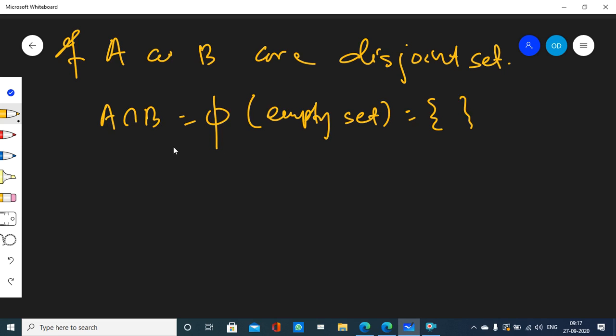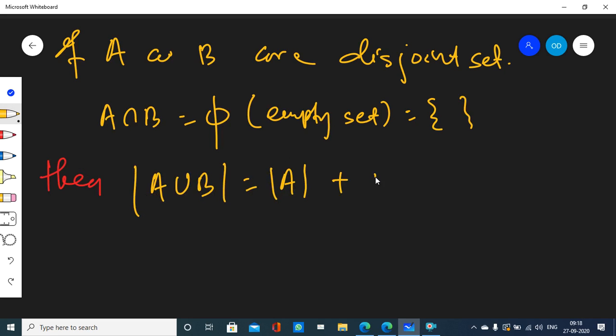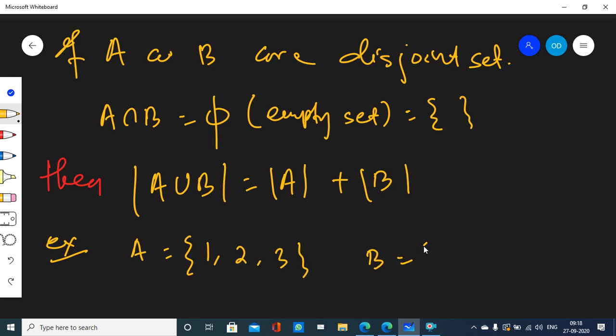If A intersection B is phi, only then cardinality of A union B is equal to cardinality of A plus cardinality of B. With a simple example we had explained this. For example, let's say set A has elements 1, 2, 3 and set B has elements 4, 5.